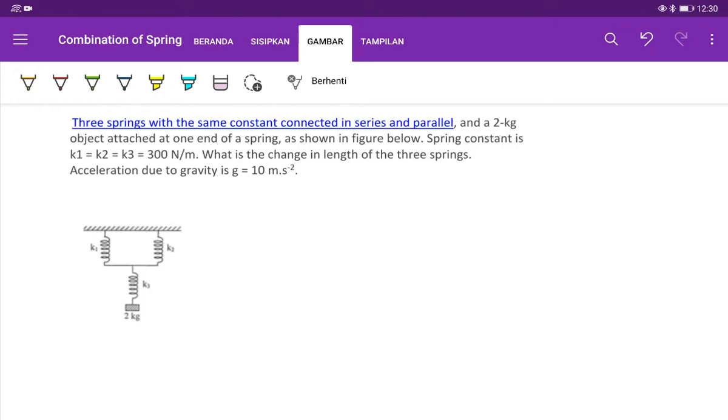What is the change of the length of the three springs if the acceleration of gravity is 10 meter per second squared? To solve this, we first need to remember Hooke's law.